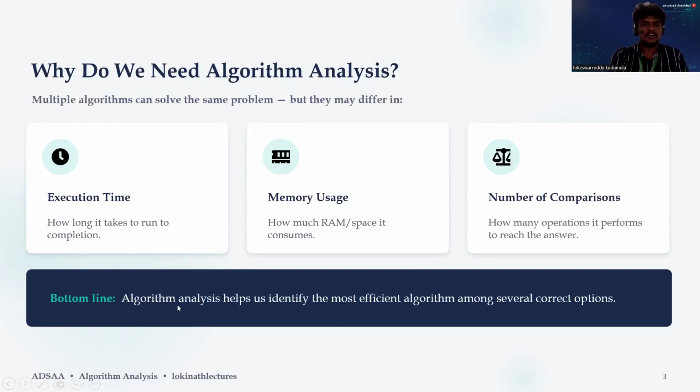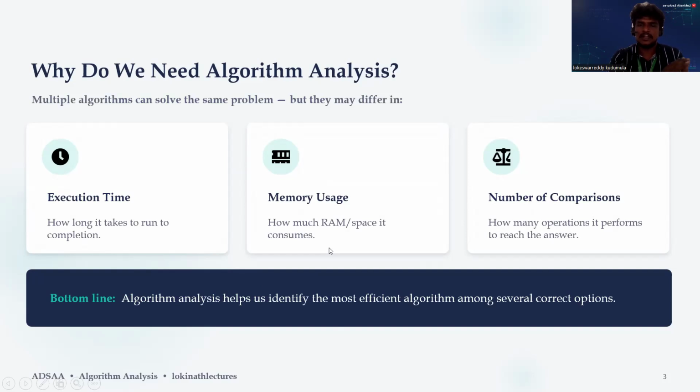Why do we need algorithm analysis? We need to analyze the execution time, the memory usage, and the number of comparisons required.